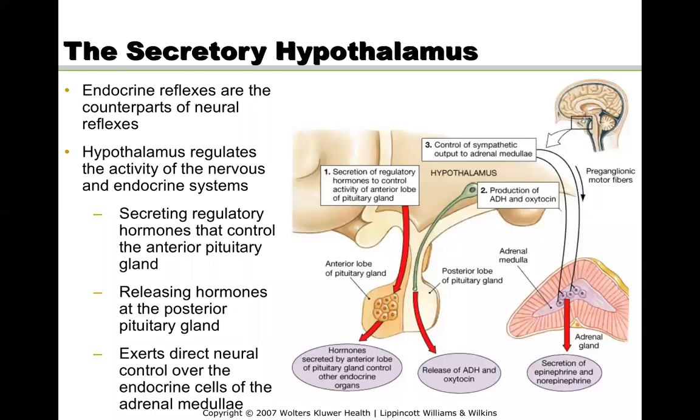So the regulation by the hypothalamus is at 3 levels. Number 1, it produces regulatory hormones, which act on the anterior pituitary. It produces some hormones which are produced and stored in the posterior pituitary. And then it has direct control on the adrenal medulla to produce certain hormones.